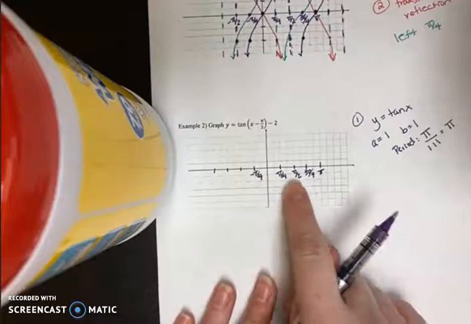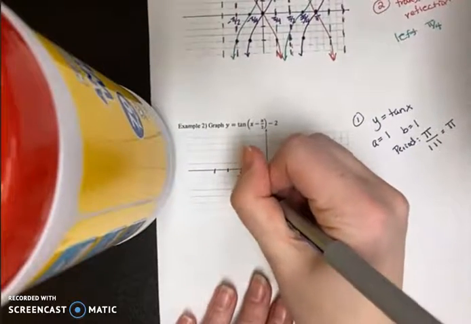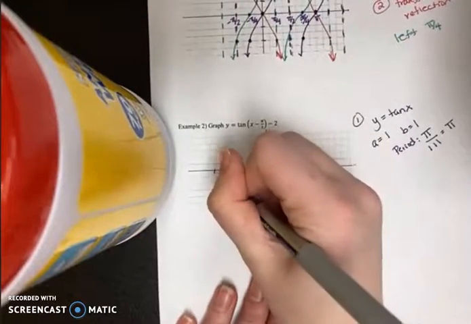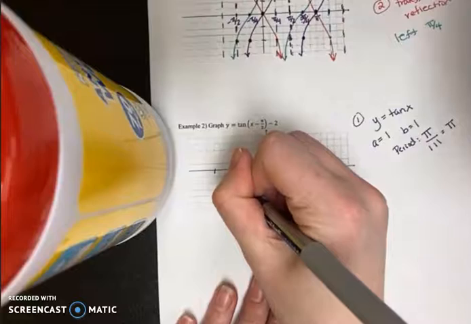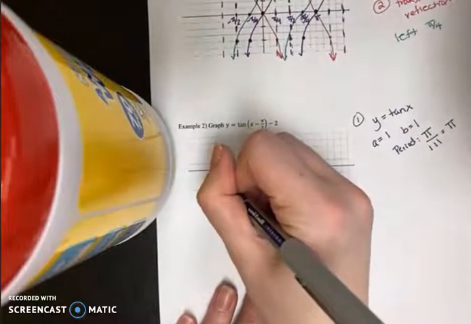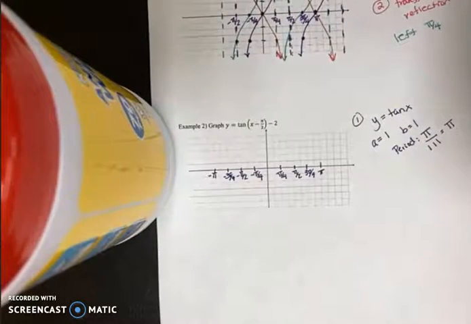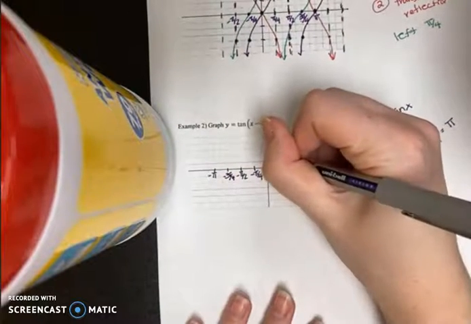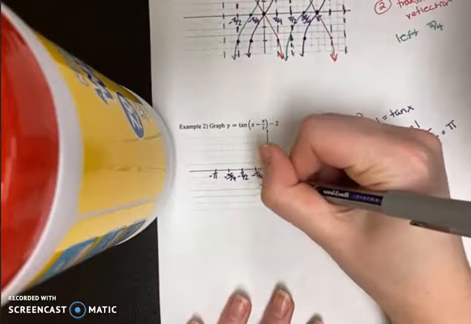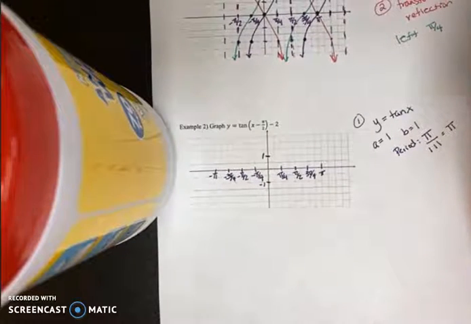If this is pi over 2, this is negative pi over 2. 3 pi over 4 becomes negative 3 pi over 4 over here. And then pi and negative pi. So we're using a scale of pi over 4 throughout the entire x-axis. And then I'm going to use a scale of 1/2 for my y-axis, just to stay consistent.